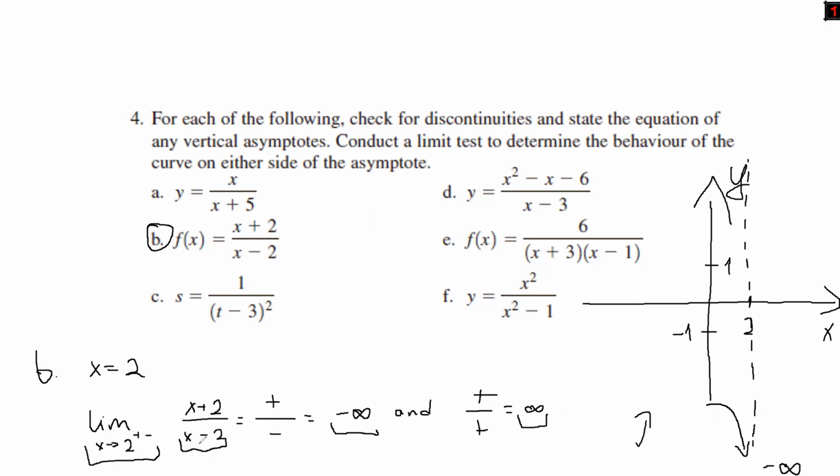Slightly more than 2 minus 2 results in a positive number, and slightly more than 2 plus 2 is also a positive number. So we're going to have positive divided by a very small positive number, almost 0, which results in positive infinity. So to the right-hand side, positive infinity is here, right? So it's going to look like this.